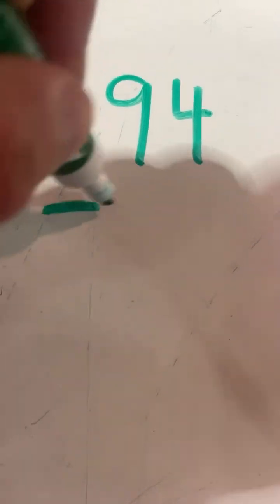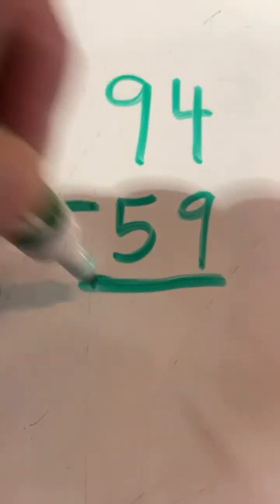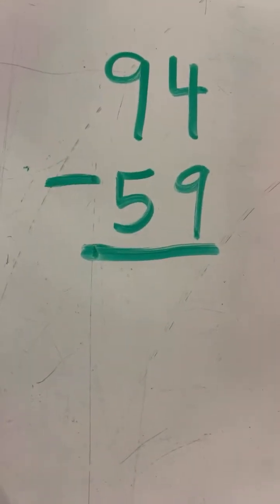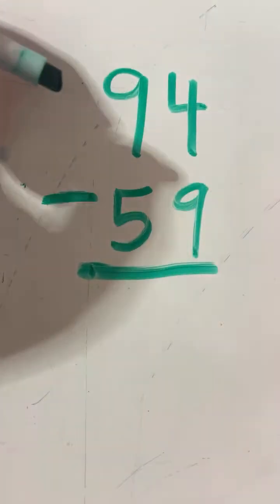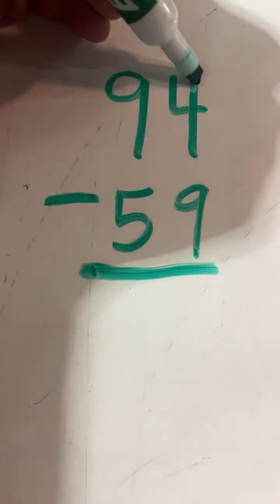All right, here we go. I am going to do one more example problem here. 94 minus 59. Now I'm looking at the digits. I see the bottom digit is bigger.